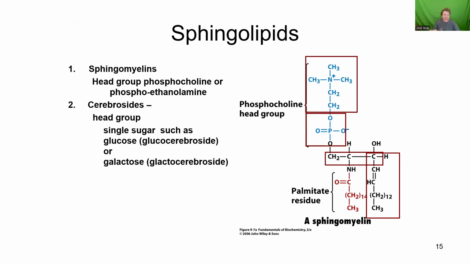For instance, Tay-Sachs disease is a genetic issue with cerebroside degradation. Niemann-Pick disease is another, and there are a couple of different examples. So with that in mind, it's important to understand what a cerebroside is, what a sphingolipid is, and that it is a pretty critical part of membrane and communication.